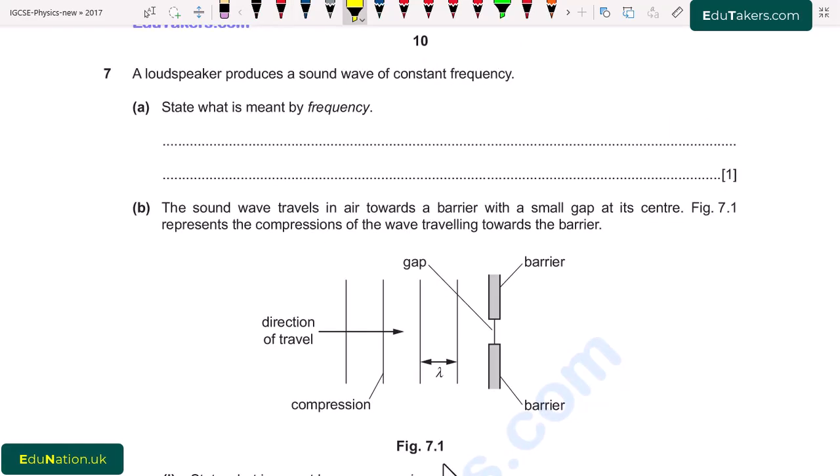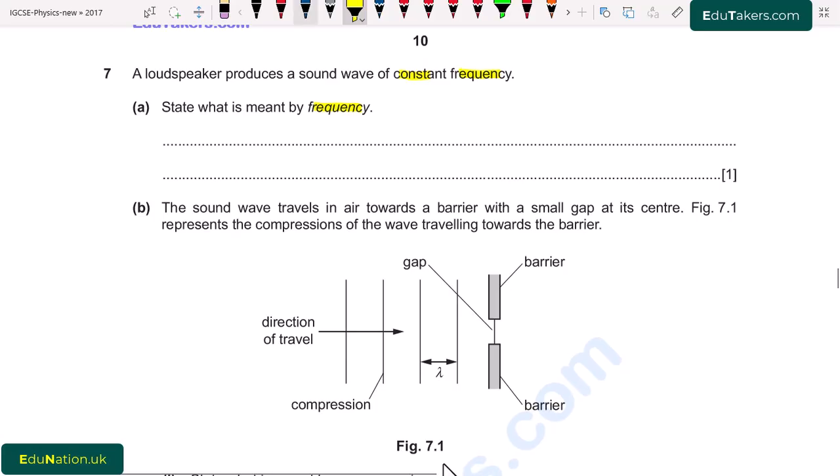Question number 7. A loudspeaker produces a sound wave of constant frequency. Part A. State what is meant by frequency. So here we have to define the frequency. Frequency is the total number of wavefronts produced in 1 second.